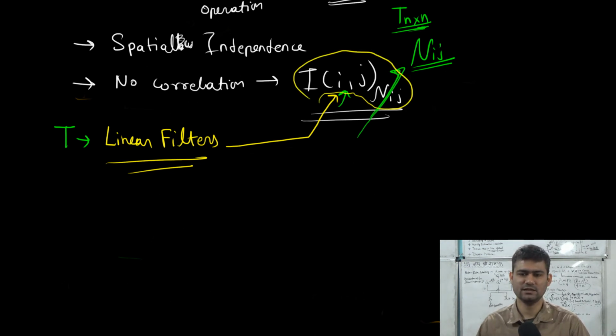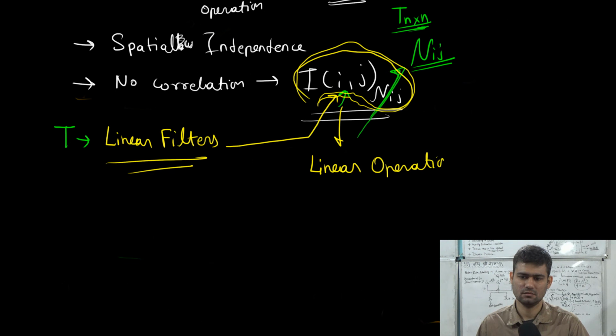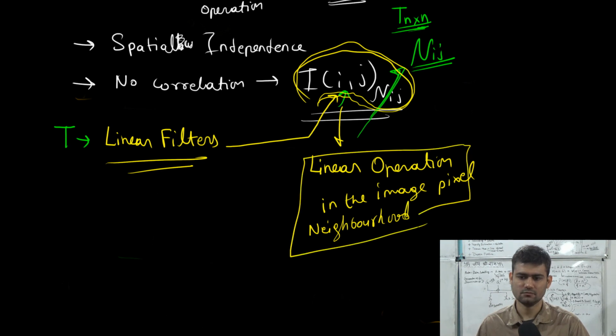What it means is that the operation that would be performed on the neighborhood of pixel i comma j would be a linear operation in the image pixel neighborhood. So we'll begin our discussion with some of the linear filters.